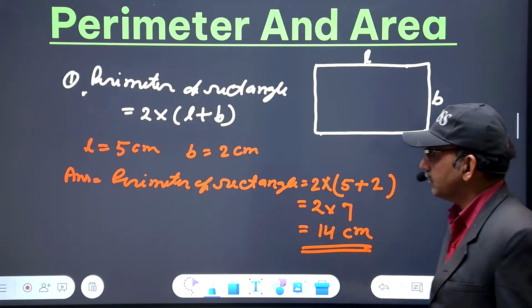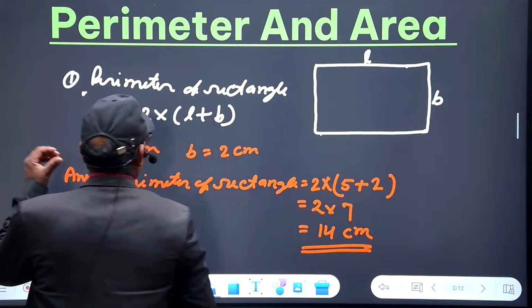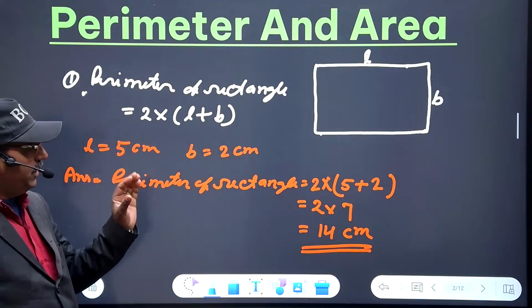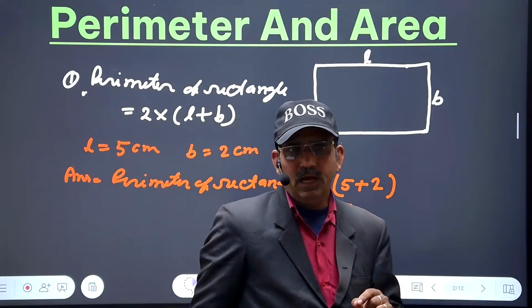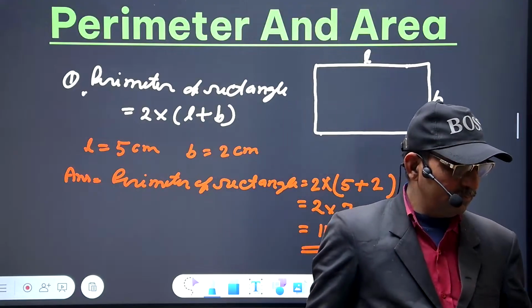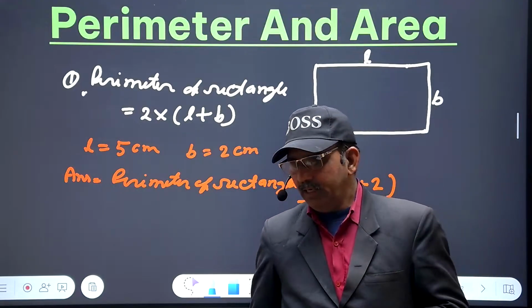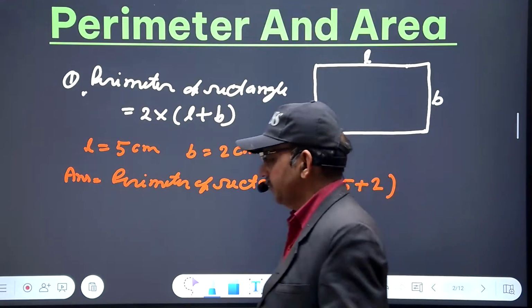After that find out the area of the rectangle. What is the formula of area of rectangle? L into B, length into breadth.